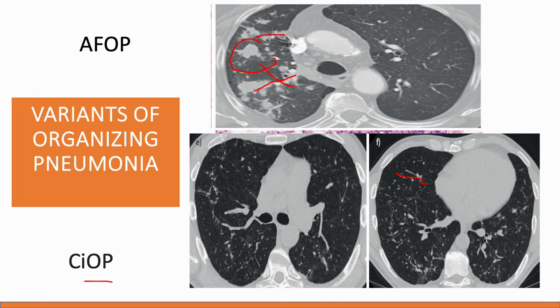the thickening of interlobular septa associated with dendriform, so it's like the neurons. So look at this pattern: dendriform ossifications, mainly in the peripheral and the basal lung zones, right?